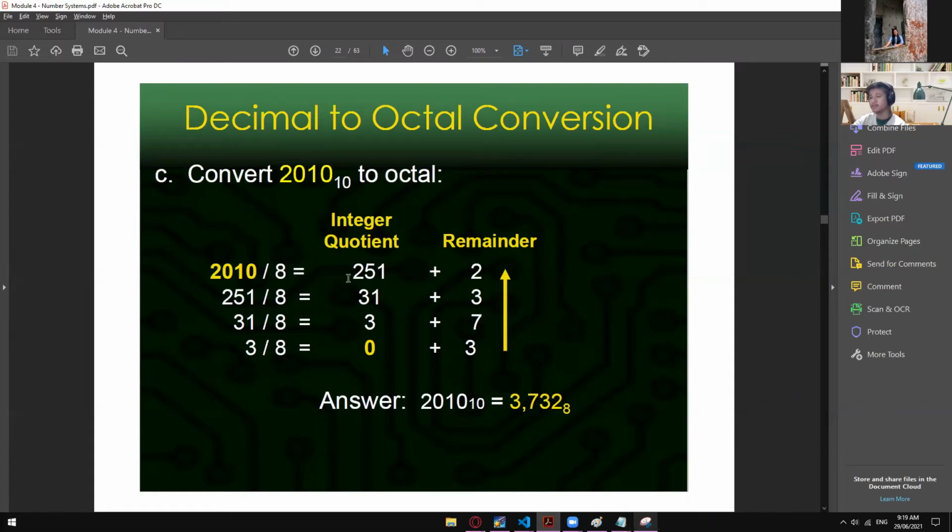So 2010 divided by 8, you'll get 251 point something. Since this is already a large number, you have to use your calculator. So 2010 divided by 8, in my case, I will get 251.25. So just put here the 251 on the integer quotient.